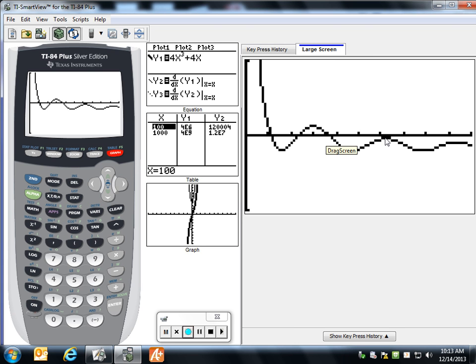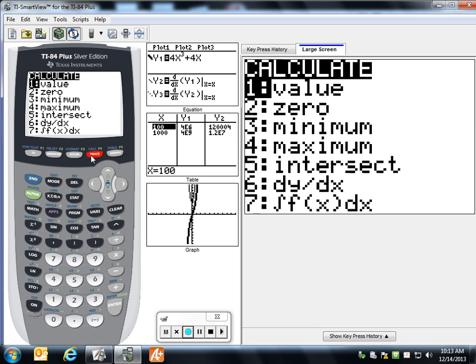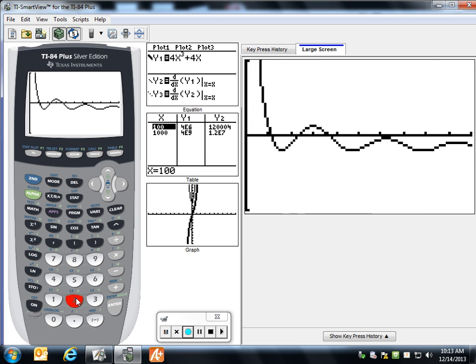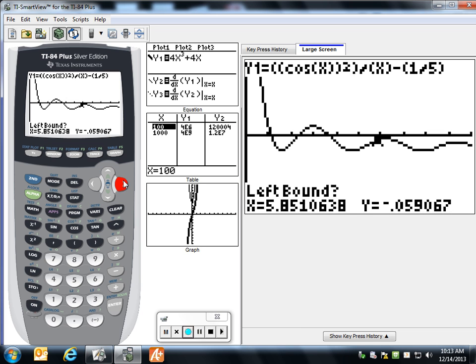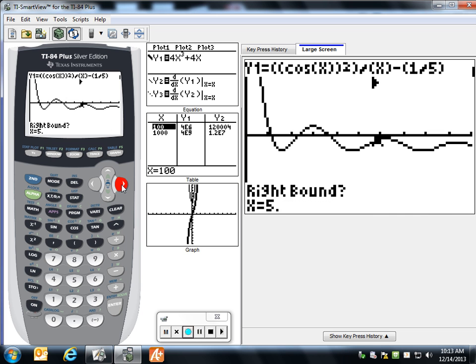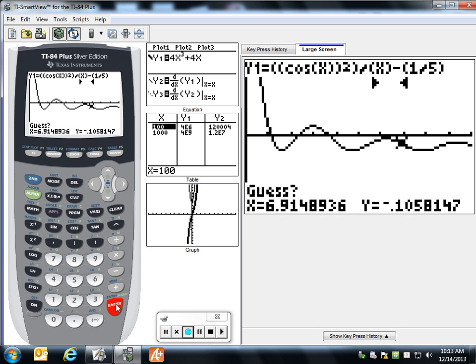So I can say second calc number 2, because I'm going to look for the zeros of the function. I can say my left boundary is about here, and then my right boundary is over here. A little bit too much. And my guess, I don't have to do this, but if you wanted to, your guess or approximation is somewhere in the middle.